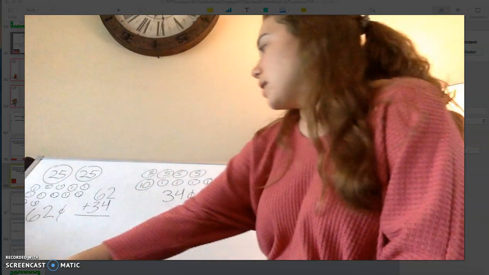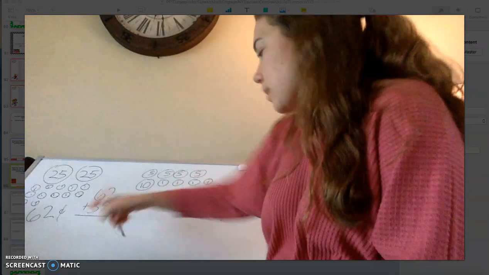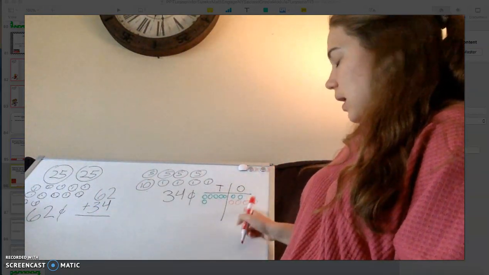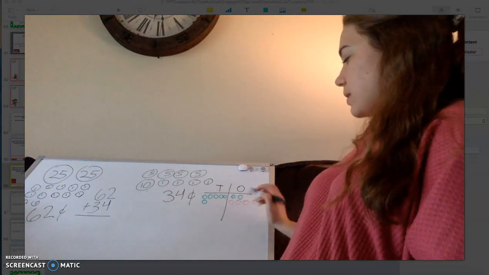Now I want to add 34. So remember, you always start in the ones column, so I'm going to add 4 more ones. Now how many ones do I have? 1, 2, 3, 4, 5, 6.